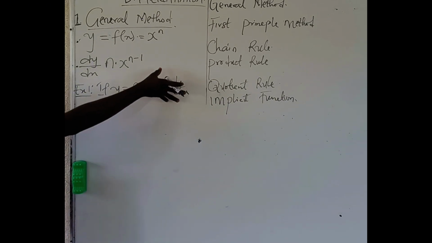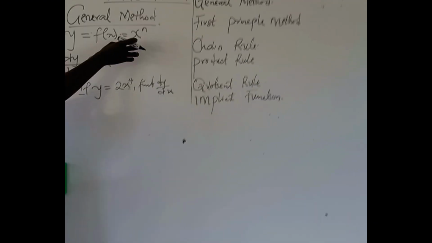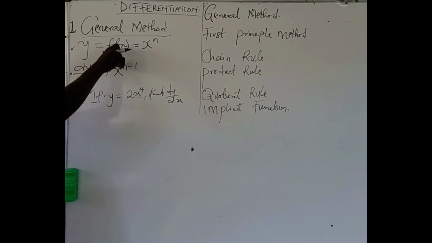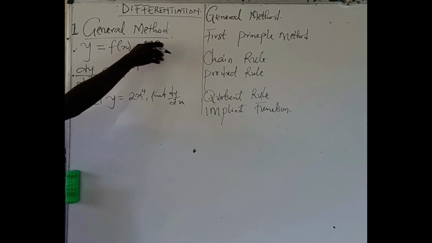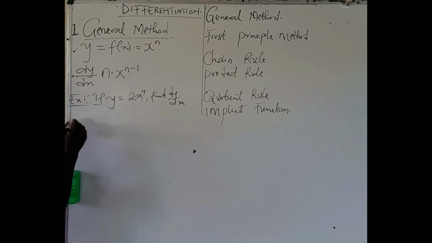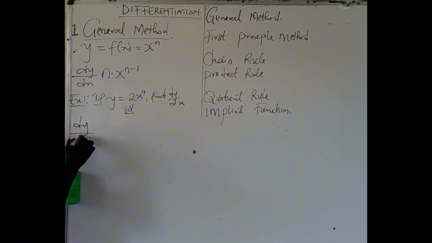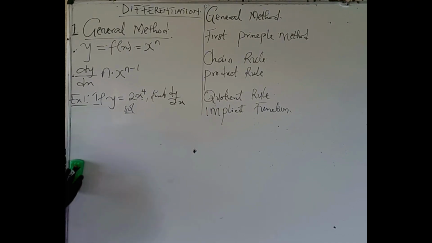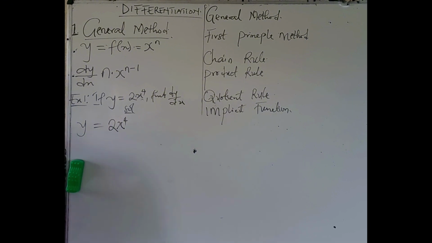So now, as you are differentiating using the general method, the power is going to be multiplied by the coefficient, and then subtracted from 1. So we are going to have something like this. Solution: y is equal to 2s raised to power 4.